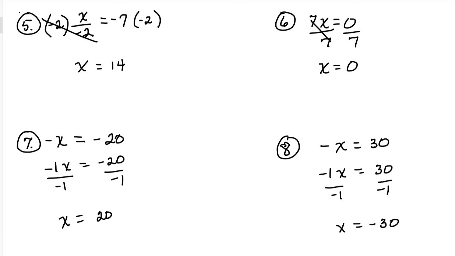But I want us to look at these equations a little bit differently. My first equation, I have -x equals -20. Again, a better way to say this is probably the opposite of x equals -20. Well, if the opposite of x is -20, that means x has to be +20.